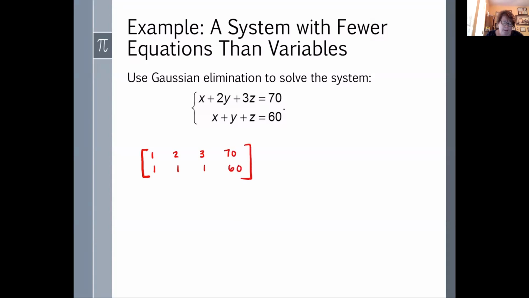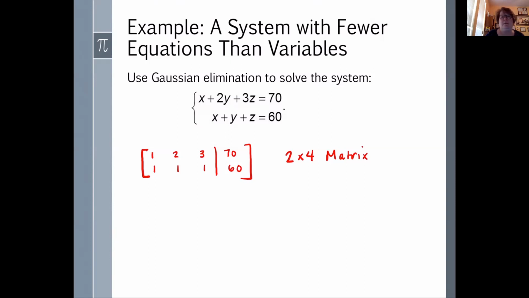I'm going to make sure that's right. Looks good. And this is a 2 by 4 matrix. There are 2 rows, but 4 columns. And I'm going to input that into my calculator exactly that way. It's going to be a 2 by 4 matrix that I'm going to input.